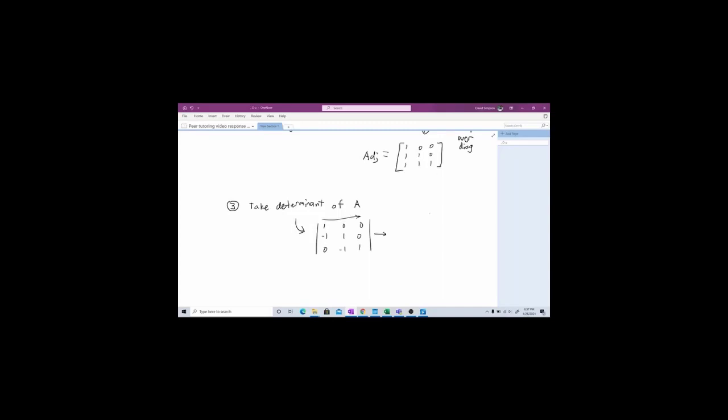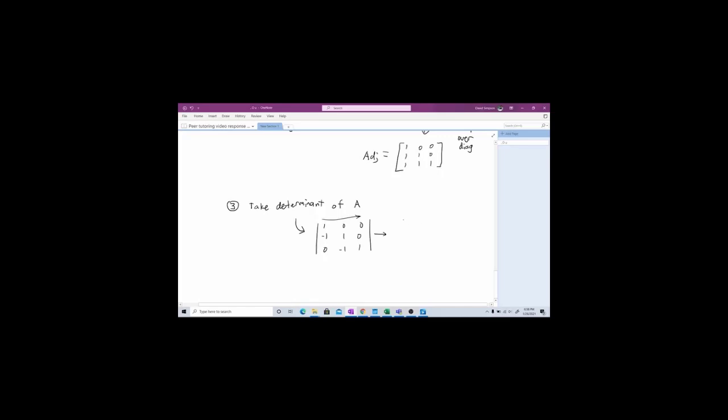Khan Academy has many great examples of this, and also you will probably learn this in your class if you haven't already. So for now, I'm not going to take the time to explain every step of this, because there are already tons of great resources out there who do that much better than I will. Anyway, I'm just going to take the determinant going across the top row.